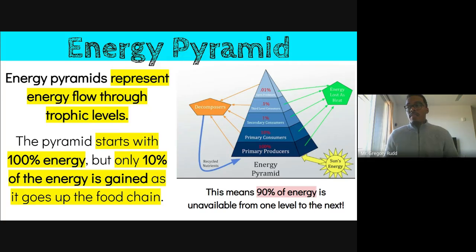Maybe some of you have seen heat maps before, where you can scan the environment through special goggles, and you can see that living things are giving off heat. And so they appear orange instead of being blue. They're giving off heat. All right, so as we move up the pyramid, there's less and less energy available because most of it has been used up, or it has been, quote unquote, lost as heat.